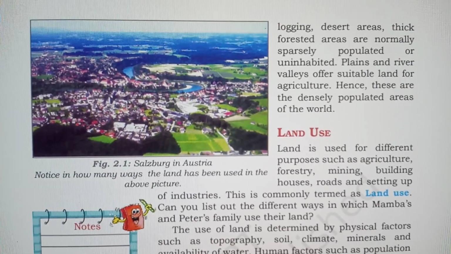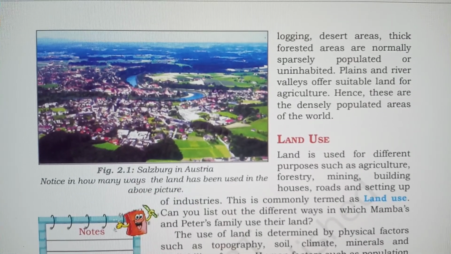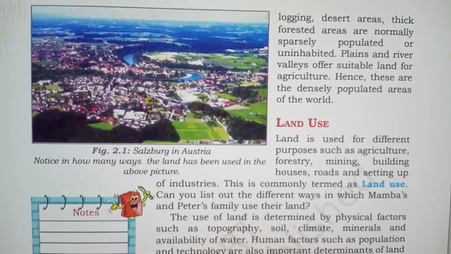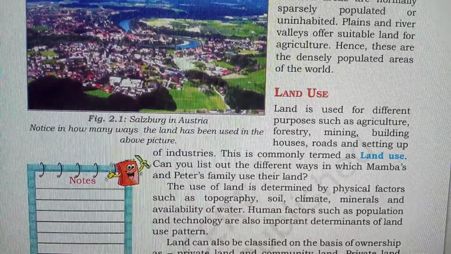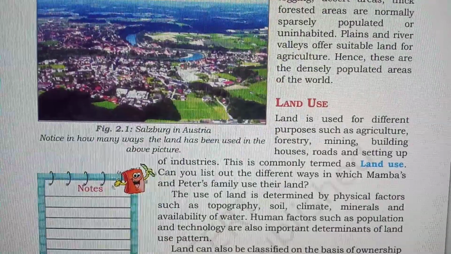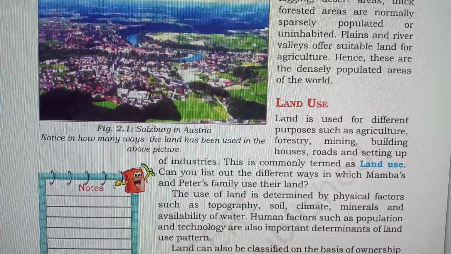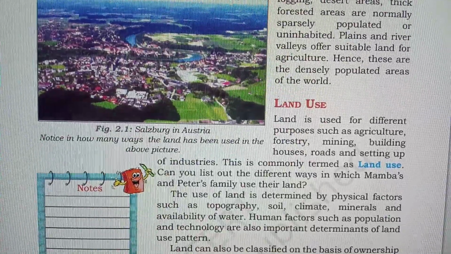The use of land is determined by many physical factors such as topography, soil, climate, minerals, availability of water, and human factors like population and technology. These are also important factors.